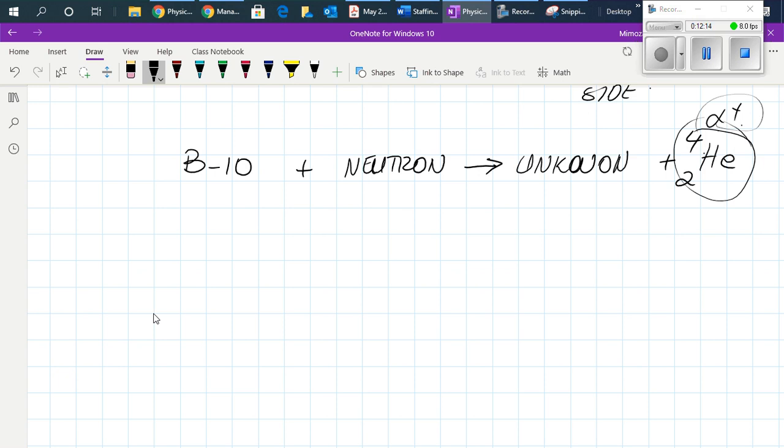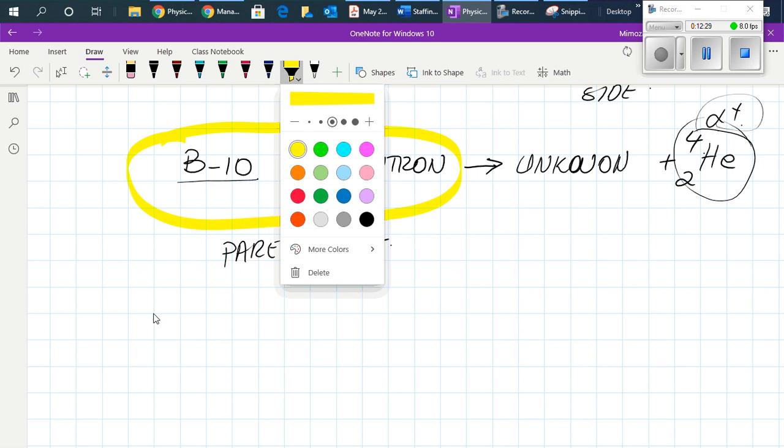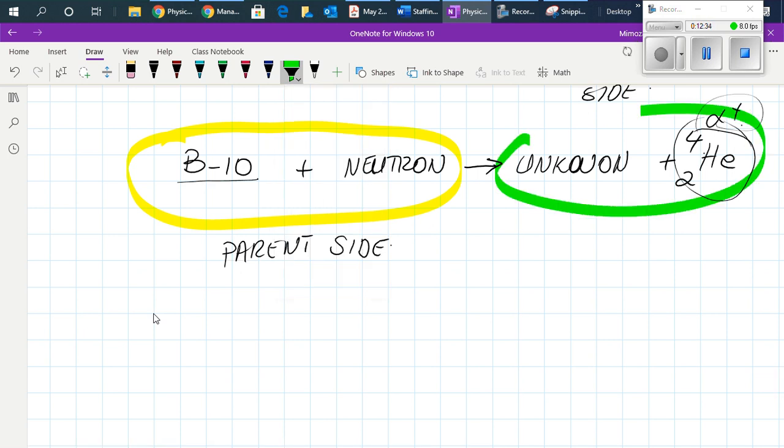Good. Now, when we take a look, first of all, this side here is known as the parent side. And whatever is produced on the other side is known as the daughter side.